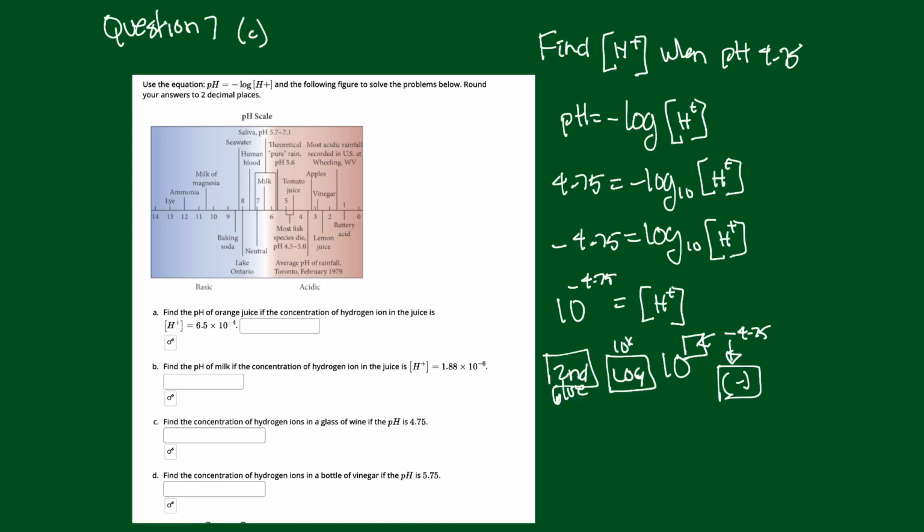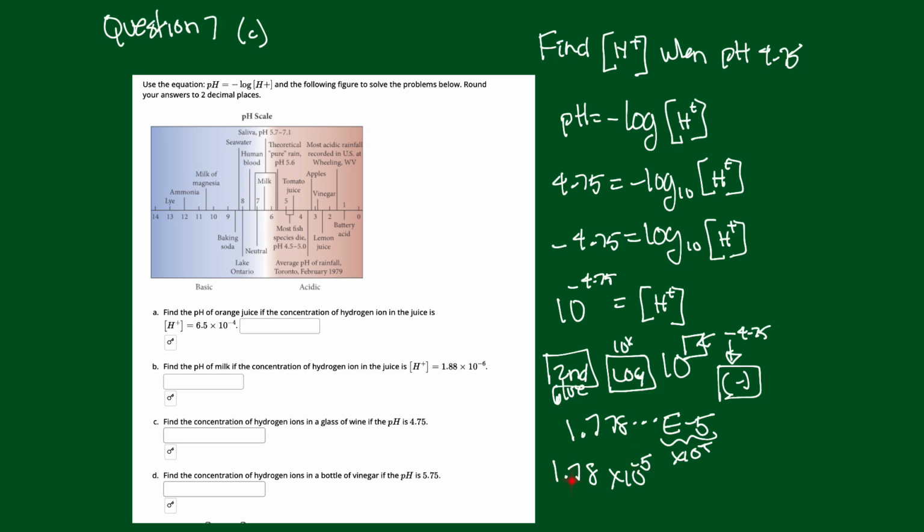Now, here's what my calculator shows me: 1.778 bunch, and then it says E to the negative 5. Here's what this means: times 10 to the negative 5. So I'm just going to round it off. 1.78 times 10 to the negative 5. Now, to get that decimal right here, I must have moved it 5 places to the right.